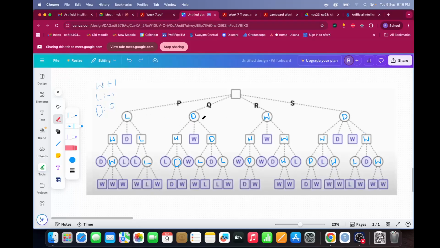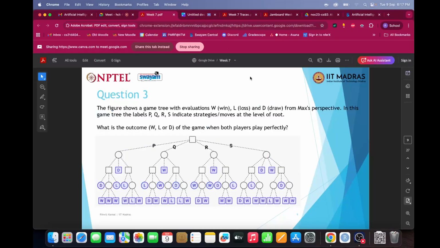Now with all these L, D, W and D strategies that we have come up with in the second layer, the root node from Max's perspective will choose the maximum of these outcomes, which is W. So from Max's perspective, we will win the game. So this is how we fill the game tree. Let's verify that.